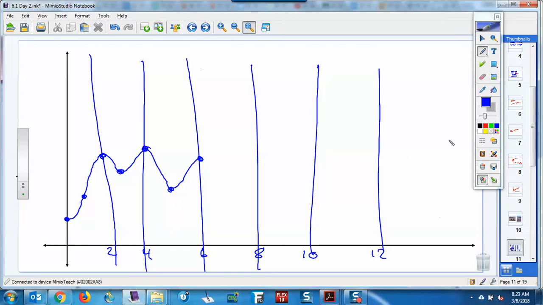And then if you're a right rectangle person, you would come in and you would have that shape. If you're a left rectangle person, you would have that shape. And if you're a midpoint person, you're going to come in right here at the middle point and shape that, right? So everybody's will be 2 meters wide.